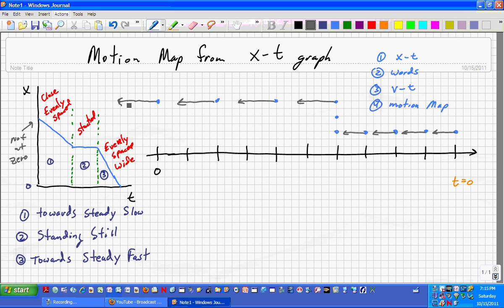So again, a couple of things to keep in mind. When we converted, I think the first thing I did was I converted to words. Translate into words first.